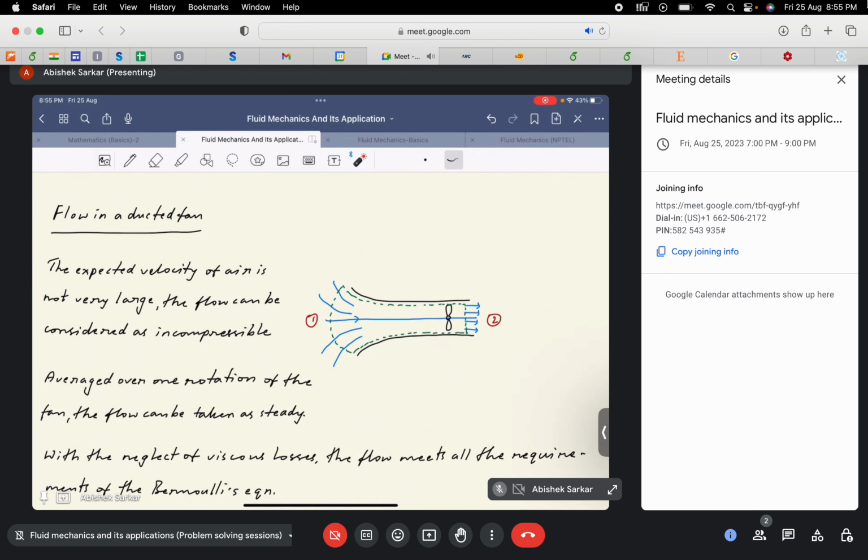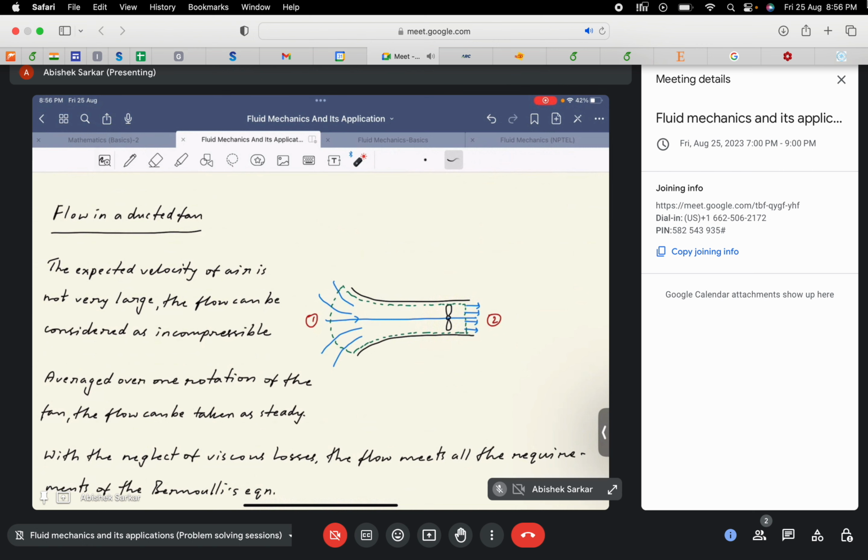That is ideally the working principle in many wind laboratories. It is with the help of such suction fans that they can generate the required flow through the wind tunnels.